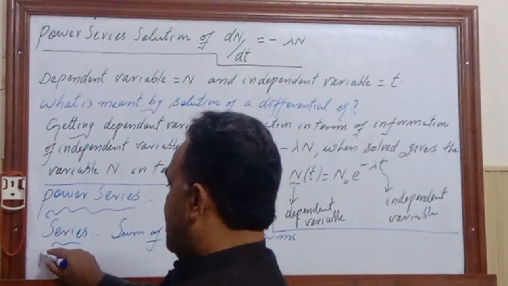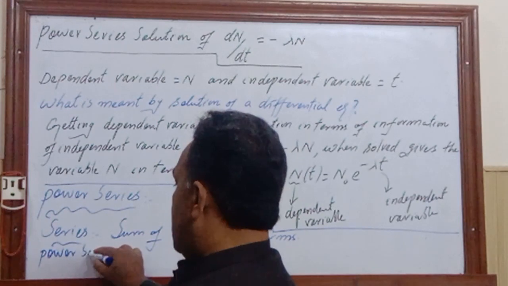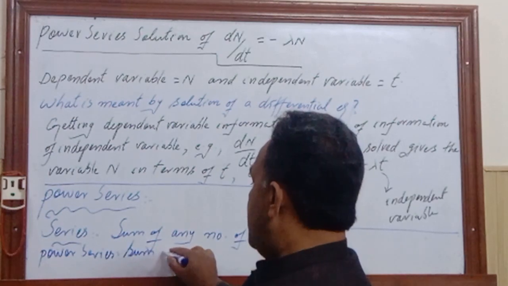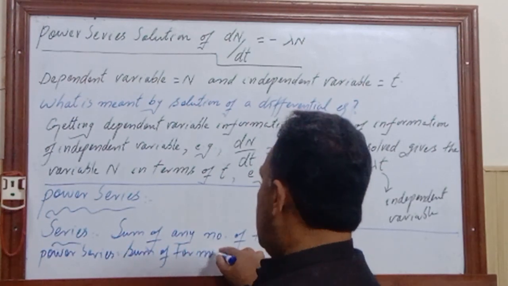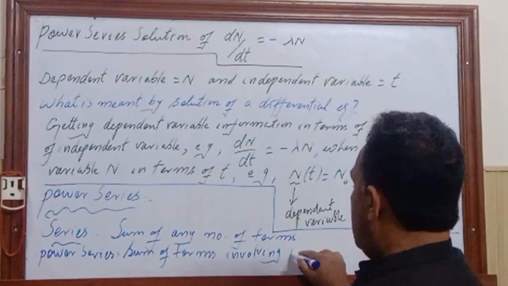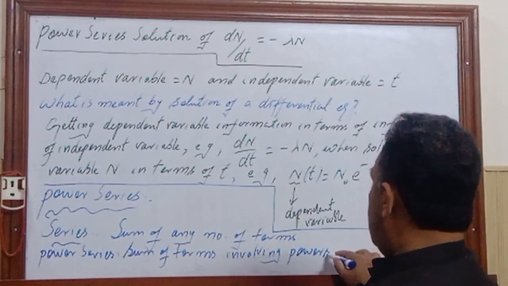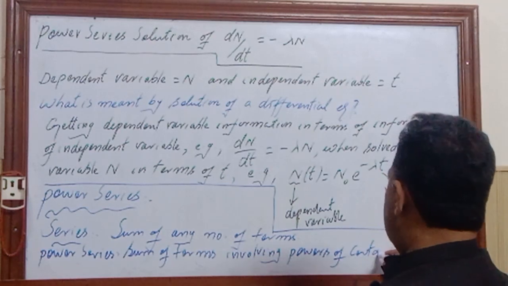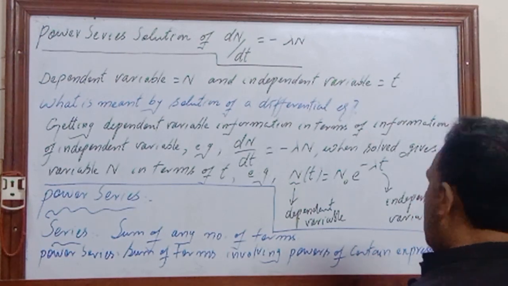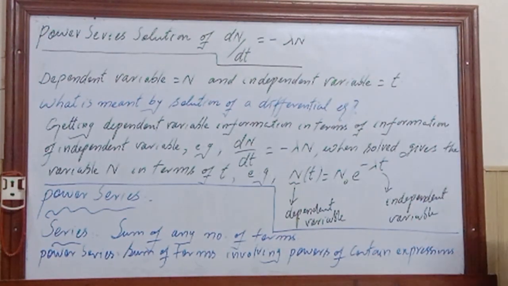If you define the power series, that means a sum of terms involving powers of certain expressions, that sum of terms in which every term is a certain power of a certain expression. That sum of the terms is called a power series.